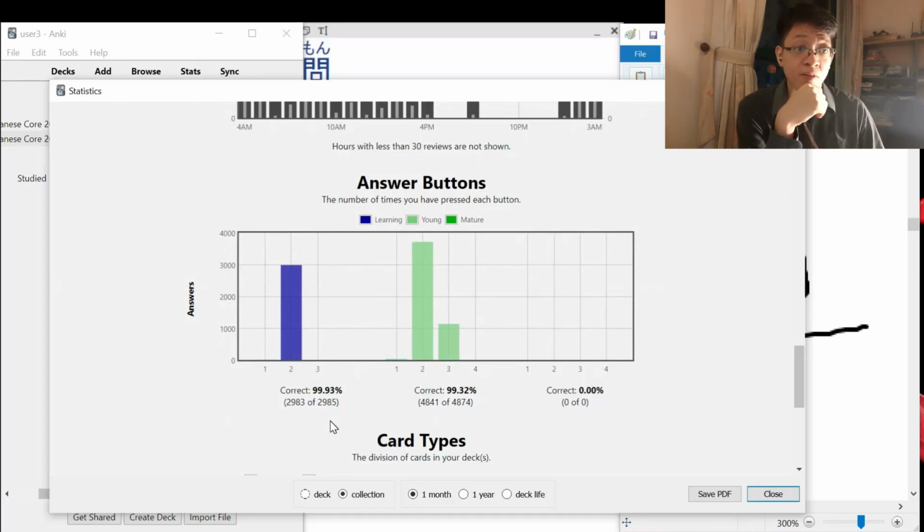For young words, so in review, there's 33 times that I didn't press the correct button. Okay, that seems reasonable. That's in line with what I expected.